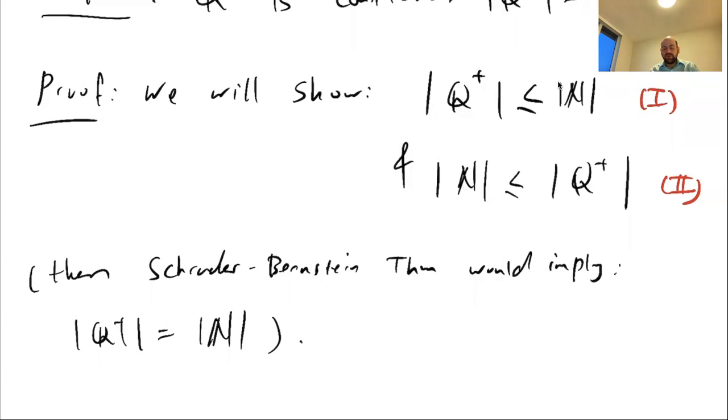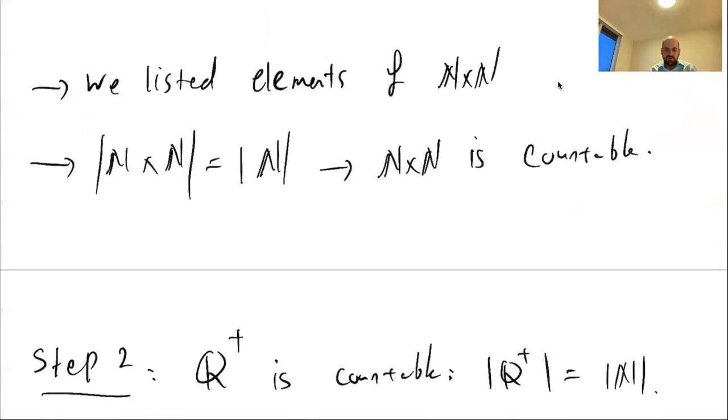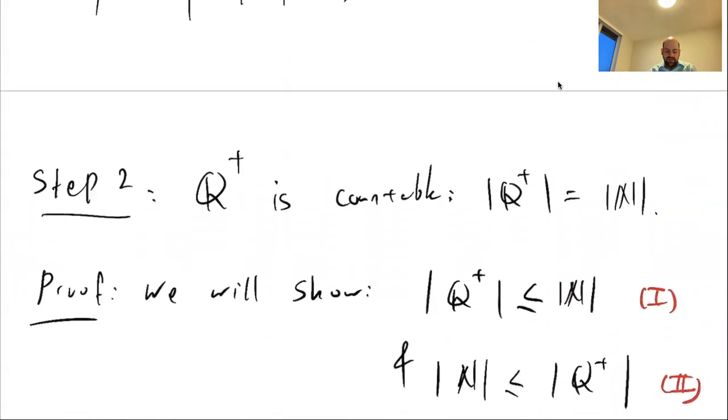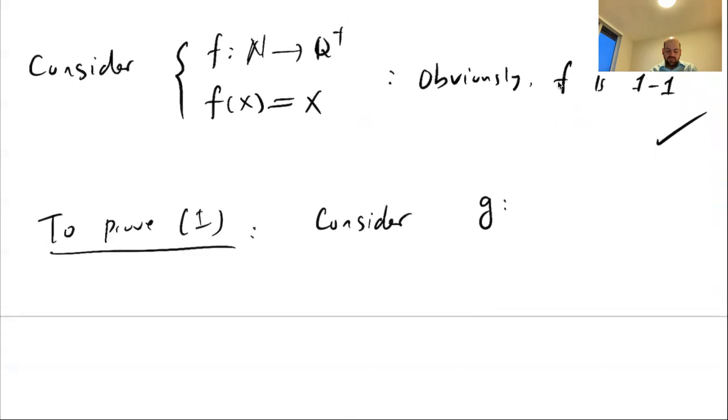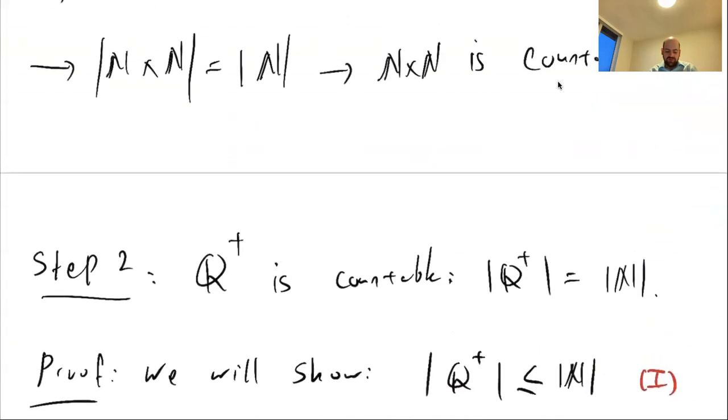I cannot consider the identity function anymore, obviously, because for example, if I define f of x equals x, then f of 2 over 3 from Q plus to N would be 2 over 3, right?